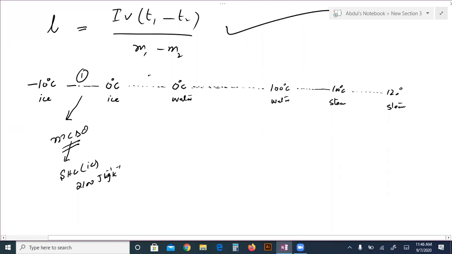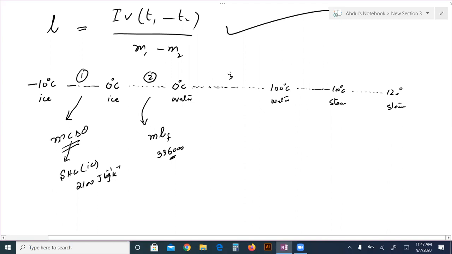And here, number two, no change of temperature, change of state. So we will use the formula related with ml. And here is the latent heat of fusion, which is approximately for water 336,000 joules per kg.